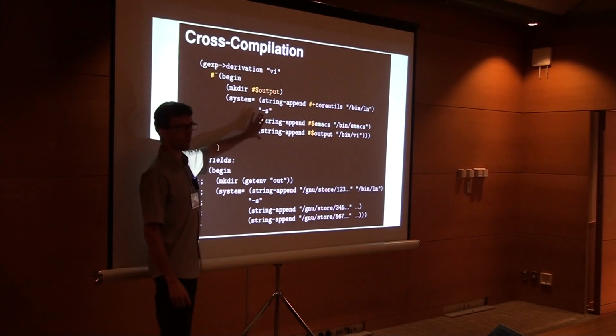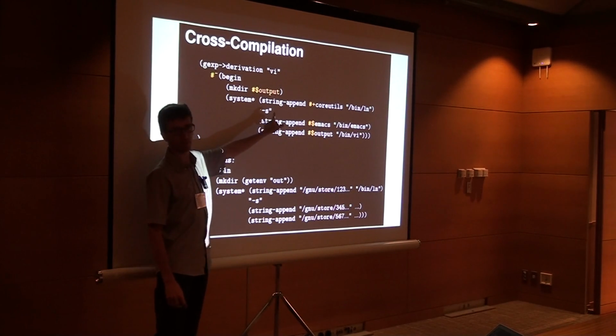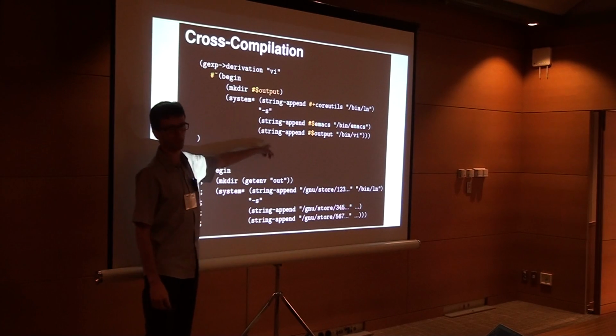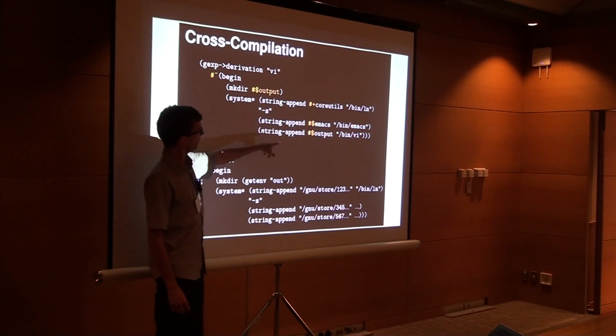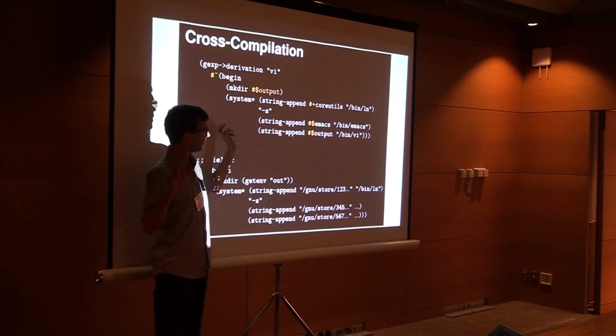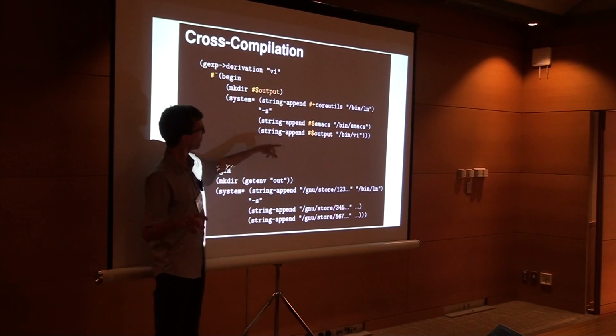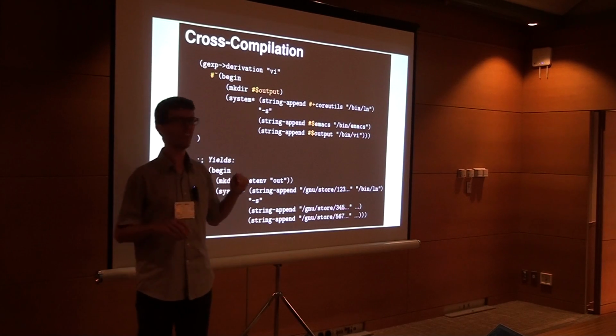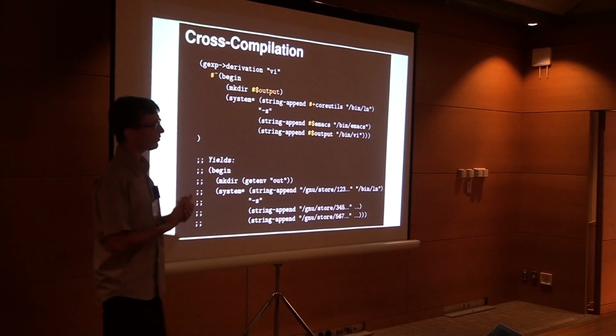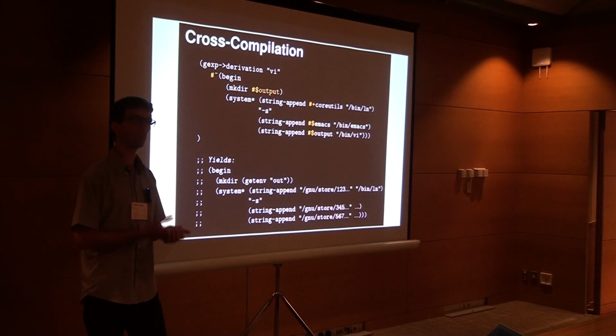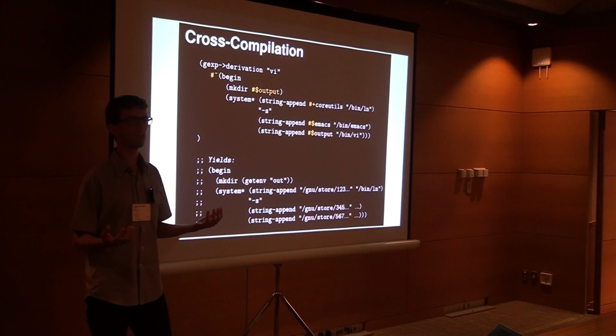So in this toy example, I'm using the ln command of coreutils to create a symlink from the vi command to Emacs. And what I mean to say here is that I want to use the native ln command if I'm in a cross-compilation context, right?